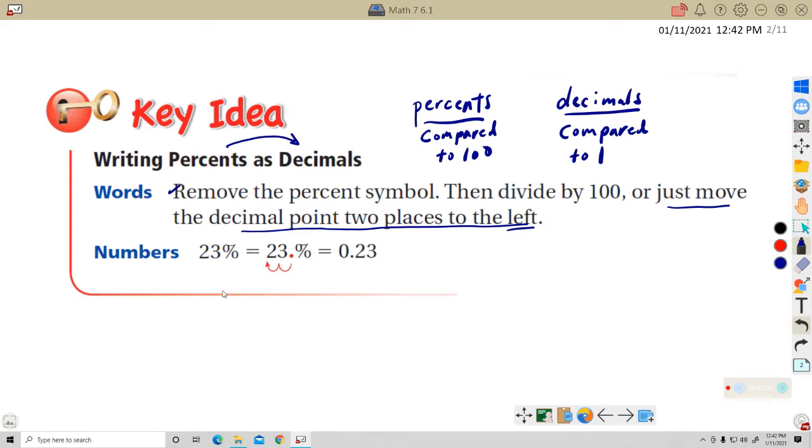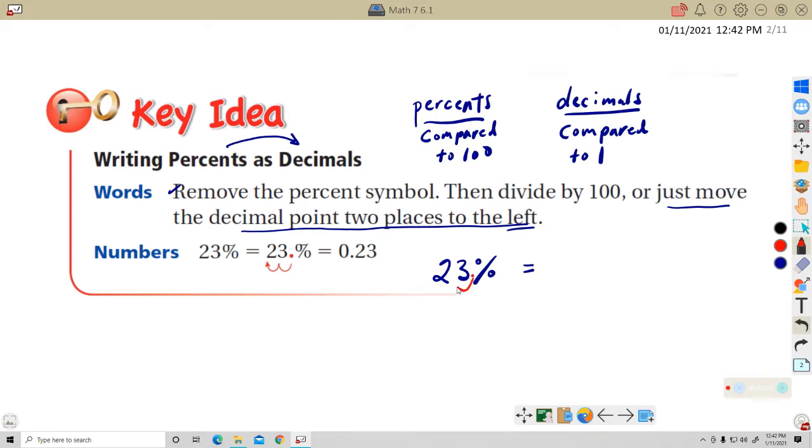So in this first example, 23%, that means 23 compared to 100. But let's say we want to compare that to 1. Well, we have to make this 100 times smaller. So we're going to pretend there's a decimal point here. You don't always see one, but there might be a decimal point. And when we make it 100 times smaller, we move it 2 spaces to the left.